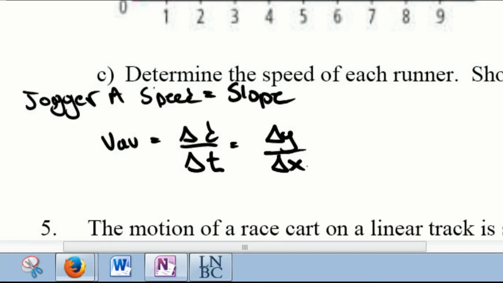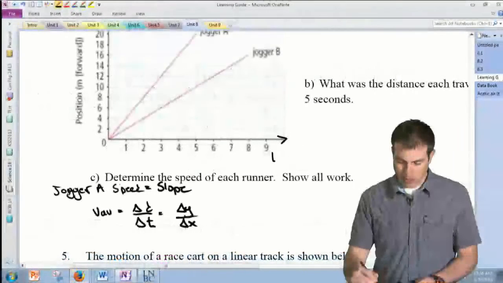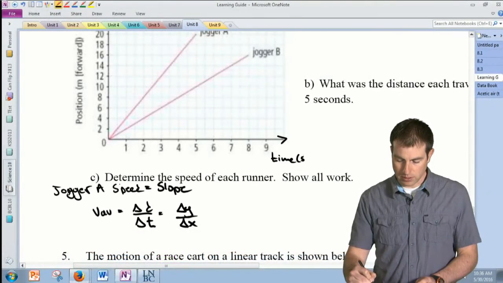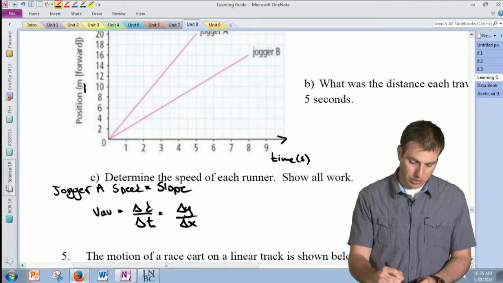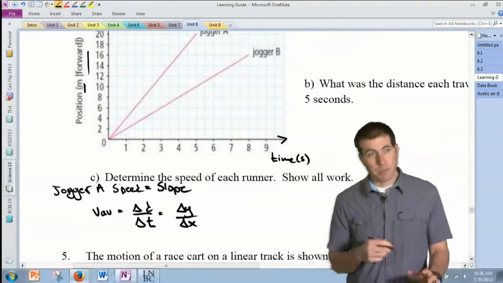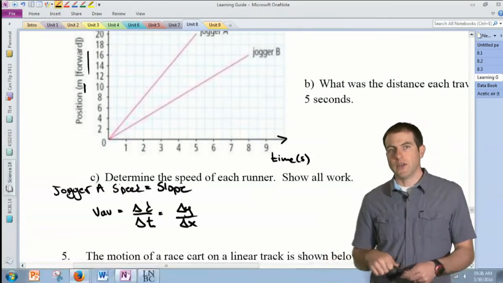In this case, although it doesn't say it, our x-axis here is time in seconds, and our vertical axis is position forward in meters, so that makes sense. But they're the same thing.